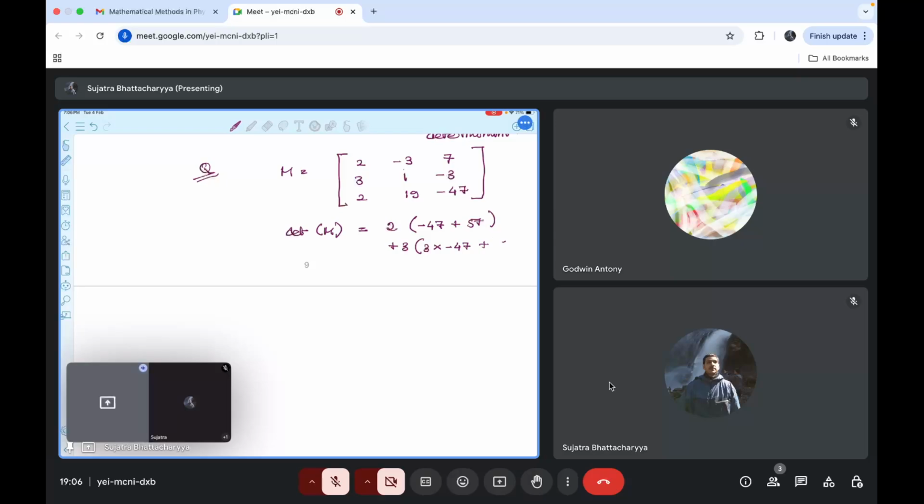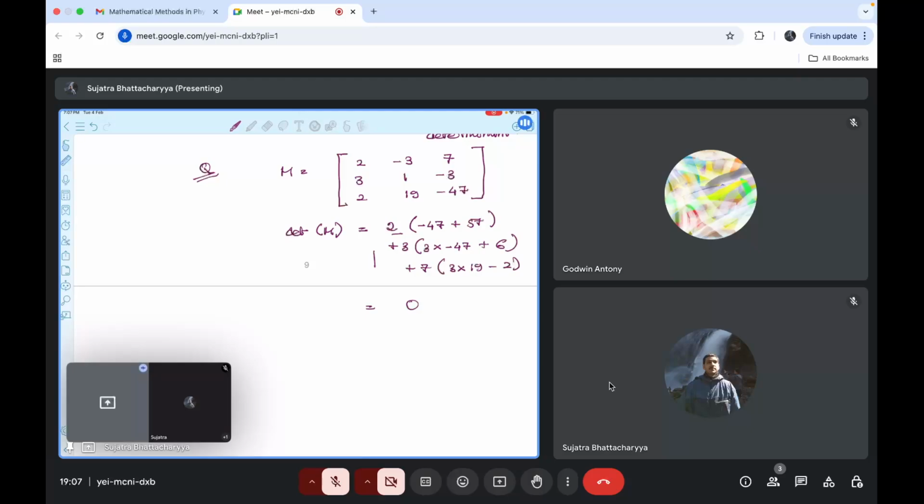So 3 into plus 6, plus 7 times 3 into 19 minus 2. If you calculate this, it will come out to be 0 most probably. Just check. I think this and this finally result into 0. So this determinant of the 3 by 3 matrix will be 0.